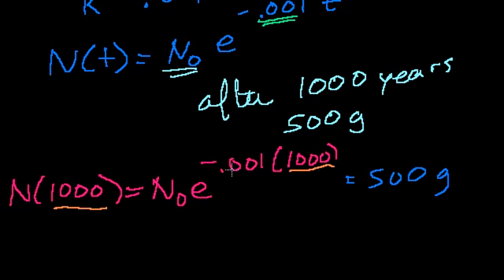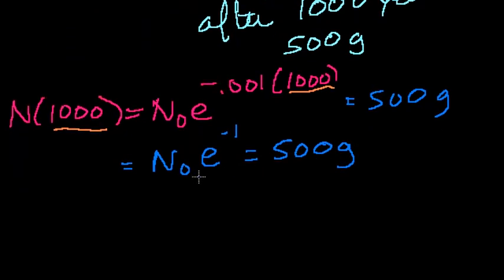So what's the e value? 0.001 times 1,000 is 1, so n sub naught times e to the minus 1 is equal to 500 grams. Or I could multiply both sides by e, and I have n sub naught is equal to 500 e, which is about 2.71.